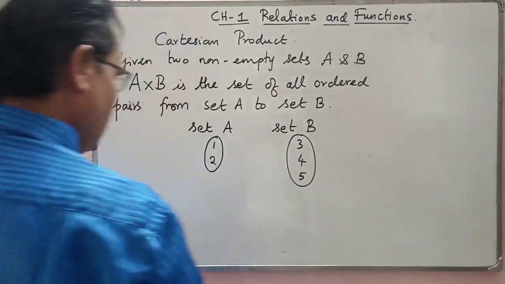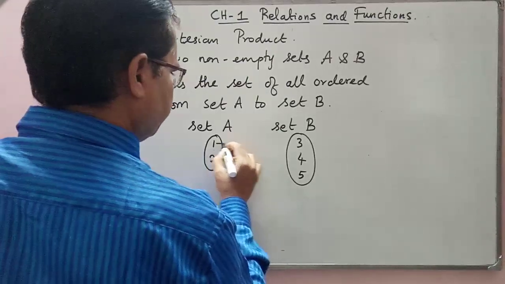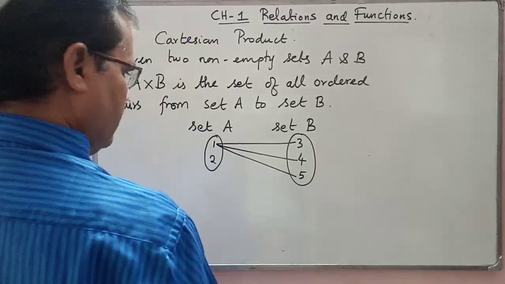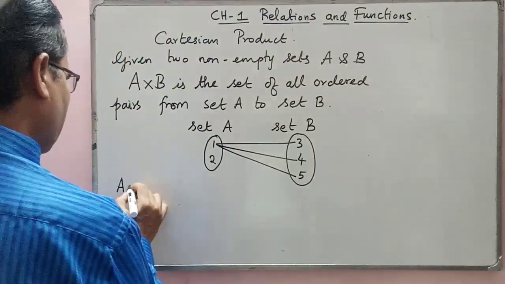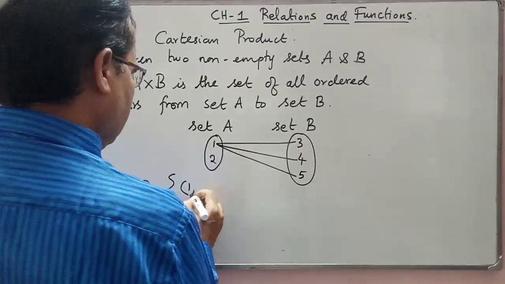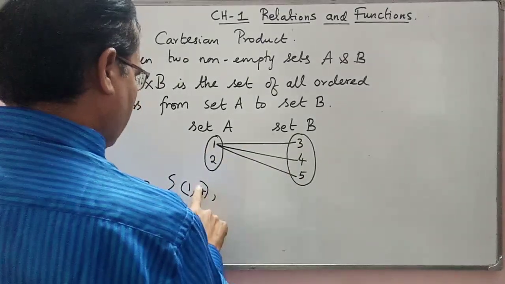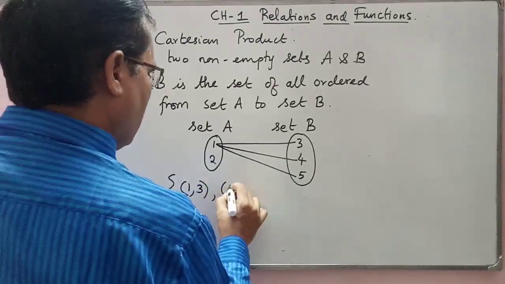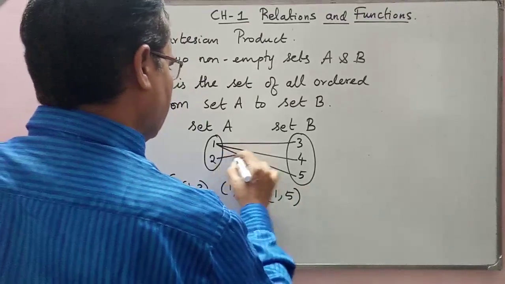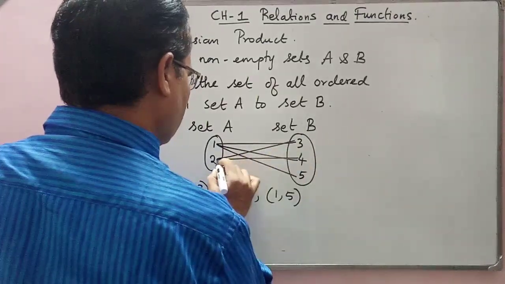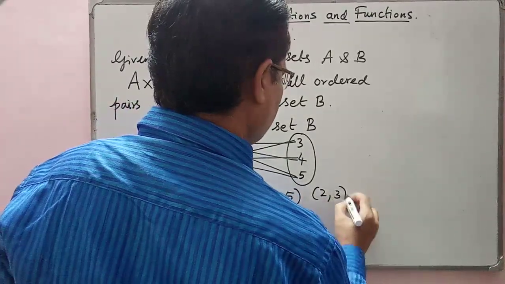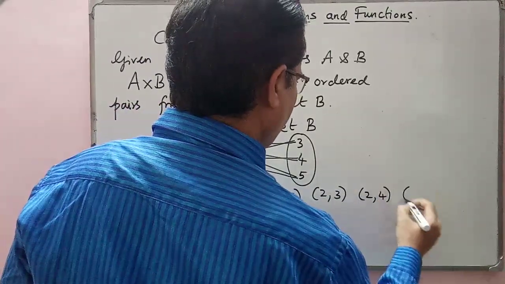Then the Cartesian product A cross B is defined as the ordered pairs (1, 3), (1, 4), (1, 5), and pairing 2, we get (2, 3), (2, 4), and (2, 5).